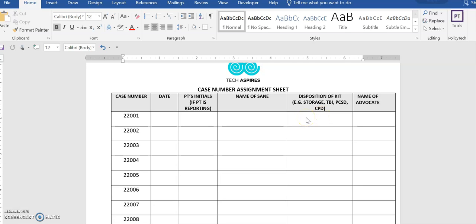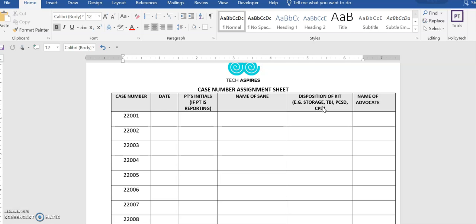Following the completion of the exam, you just need to note here what happened to the kit. Of course, they're all going to go to TBI, regardless of whether they report or not. So you may ask, why do I have storage here? Let's say you start an exam, you only get 1 or 2 steps into it, and the patient changes their mind and declines any further.